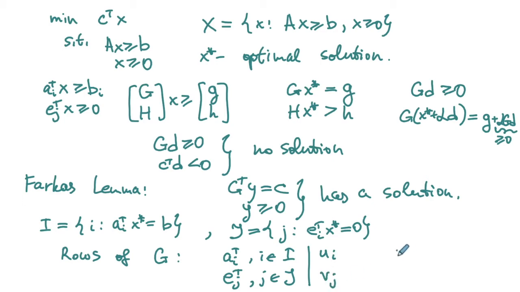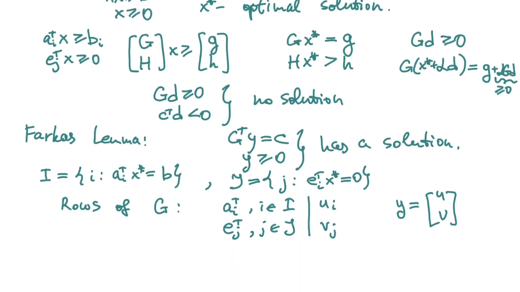So essentially our vector y will consist of vectors u and v, where the vector u will be of the length corresponding to the cardinality of this set I, and the length of v will be given by the cardinality of the set J capital.